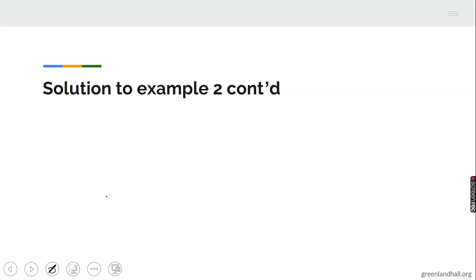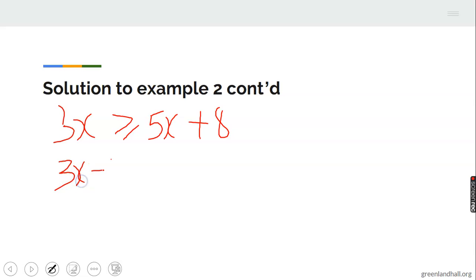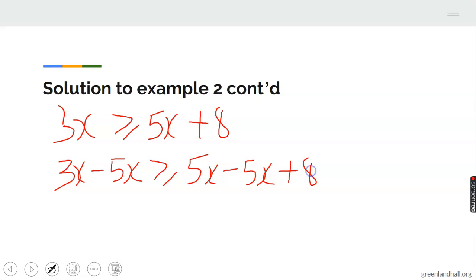So we now solve this. Don't forget what we have is 3x greater than or equal to 5x plus 8. Now, let me subtract 5x from both sides. That will give me minus 2x, which is greater than or equal to 8.